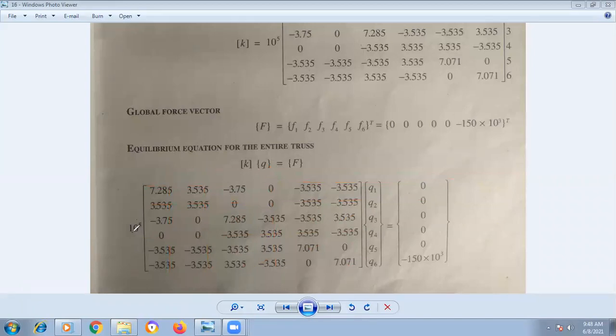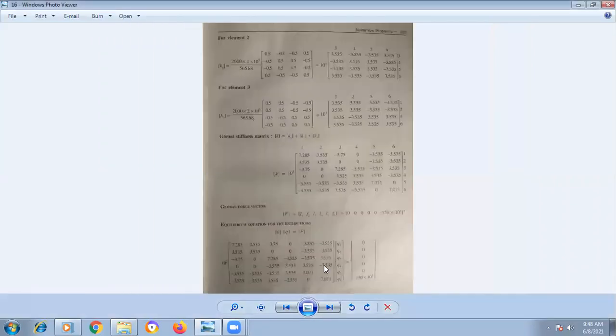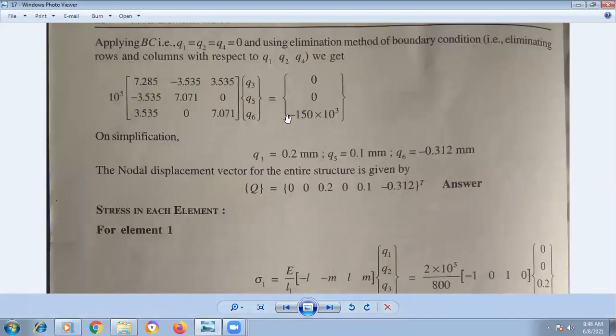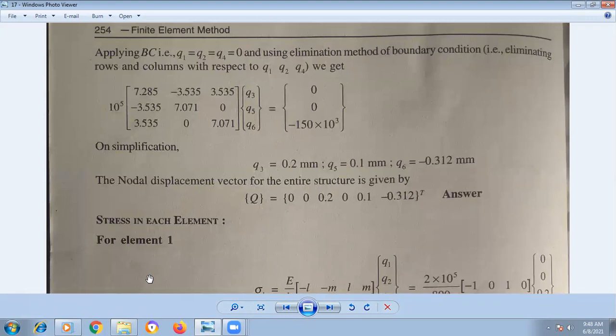So what are you supposed to do now? Write the modified equilibrium equation. Now this is our modified equilibrium equation after using the elimination method, the elimination method of handling boundary conditions. That is, first row, first column, second row, second column we have eliminated, and Q4 vertical displacement is also eliminated. So Q3, Q5, Q6 you will be determining. Now how to solve this 3 by 3 equation? Anybody?